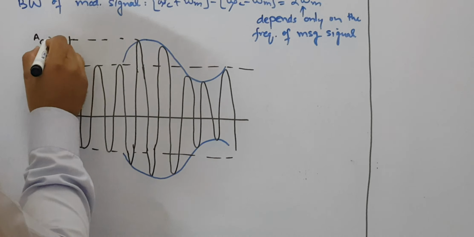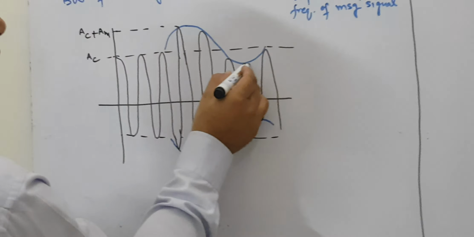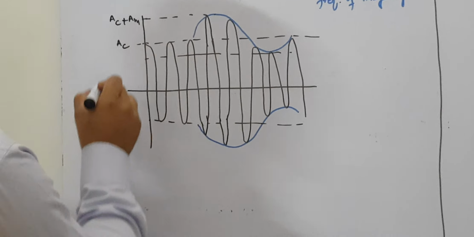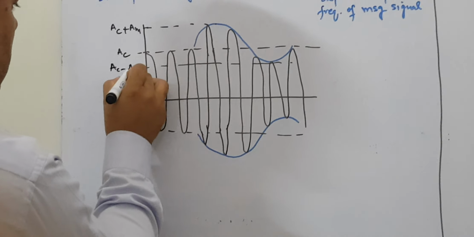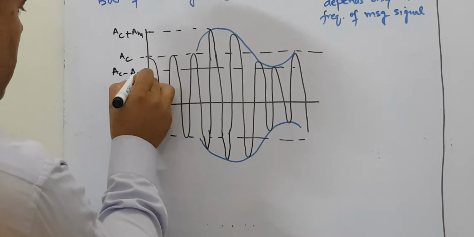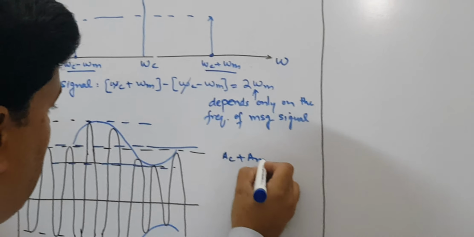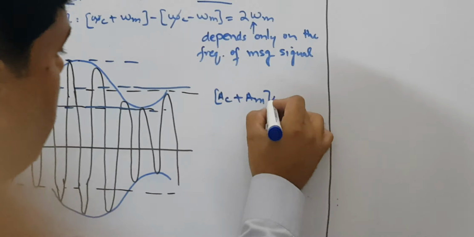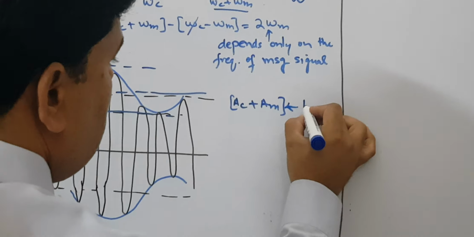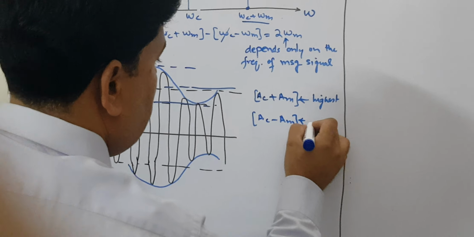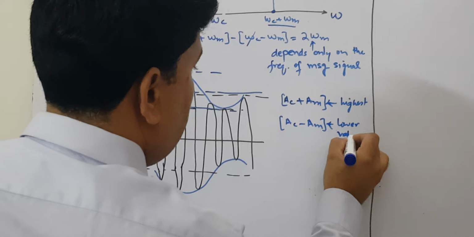So this one is AC plus AM, and here, this will be AC minus AM. Similarly here, you have three terms. If you add them together, AC plus AM is the highest amplitude, and AC minus AM is the low value.